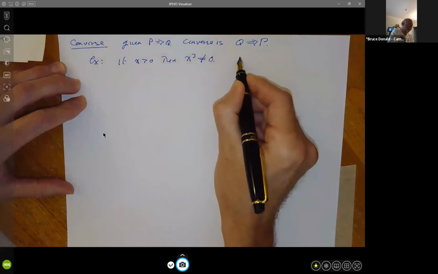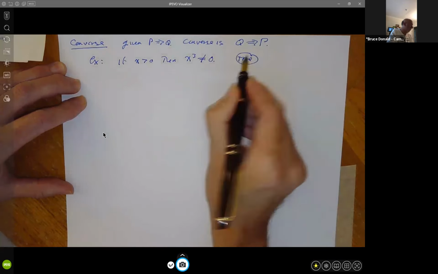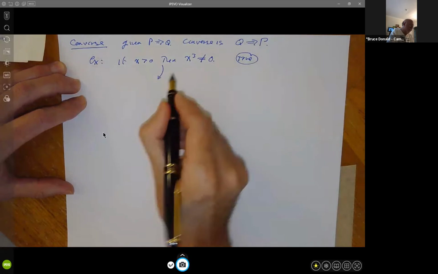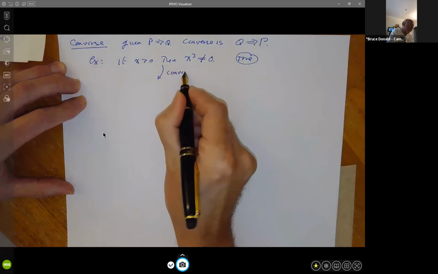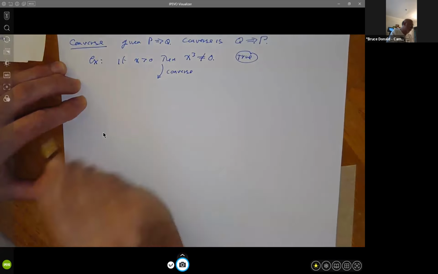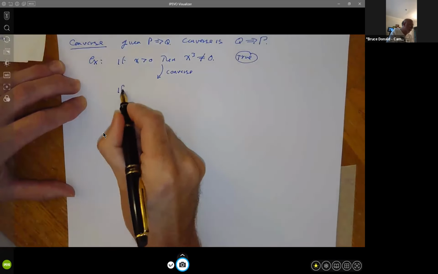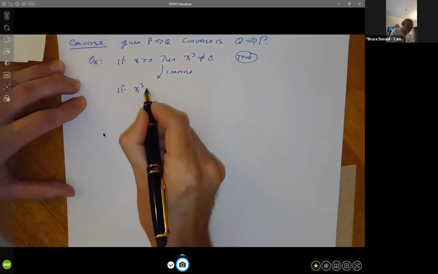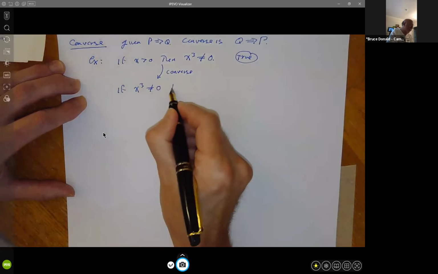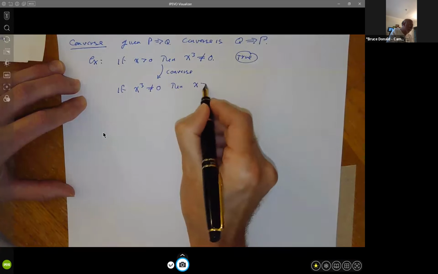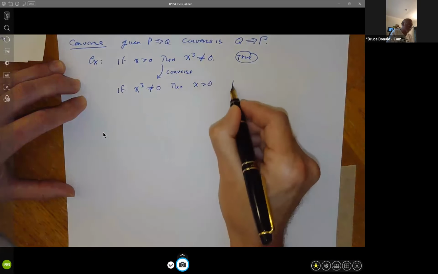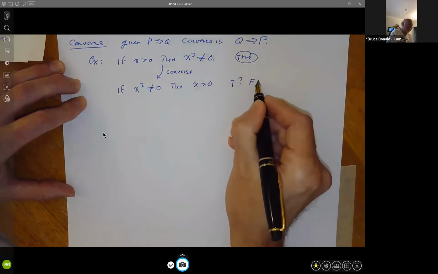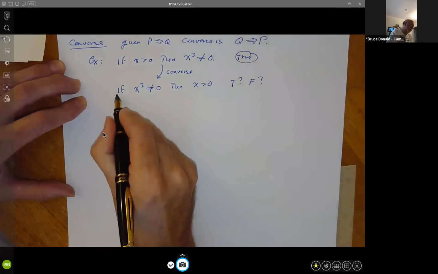And this is actually true, which is nice. Now, if we transform that into its converse, which means just write a new statement, we get: if x cubed is not equal to 0, then x is greater than 0.